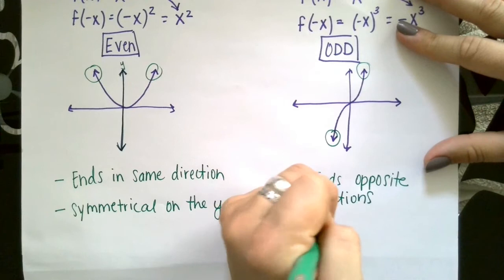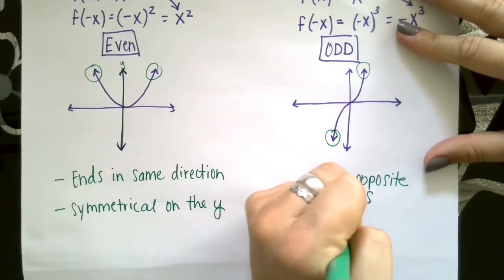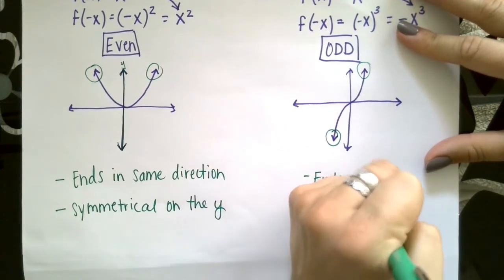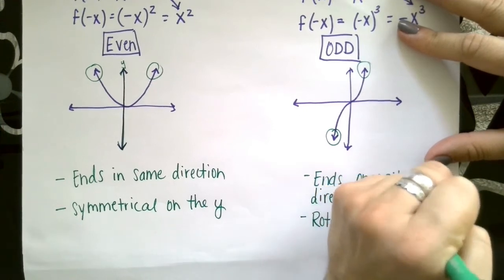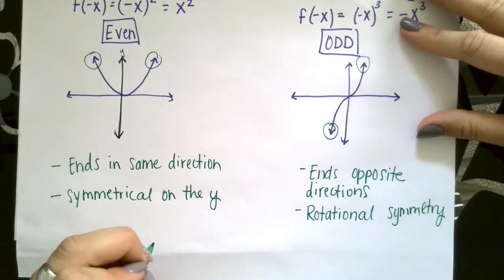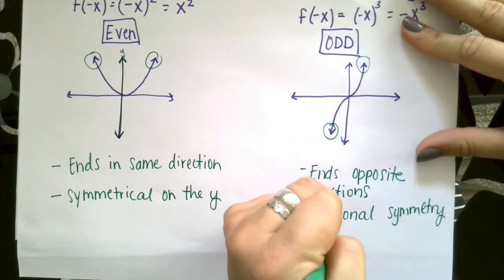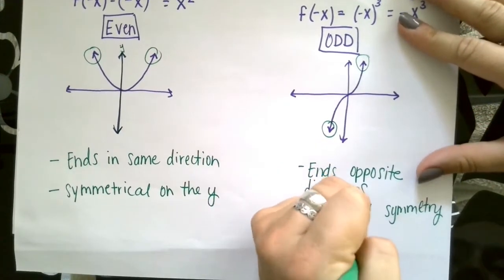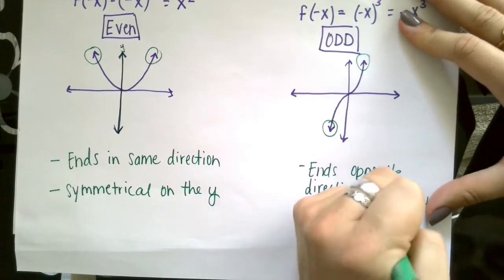So we have that rotational symmetry, and we say it's 180 degrees about the origin.